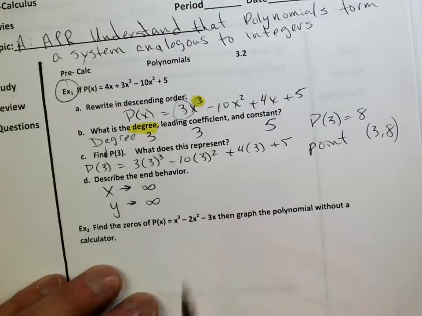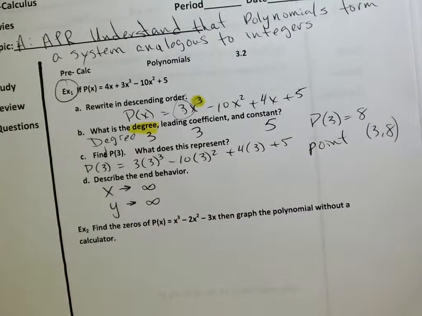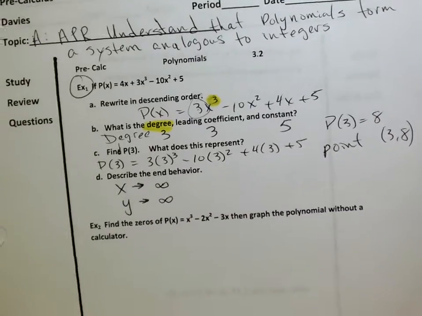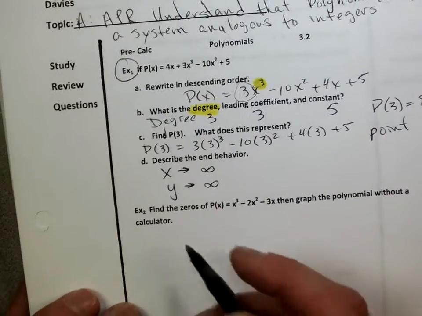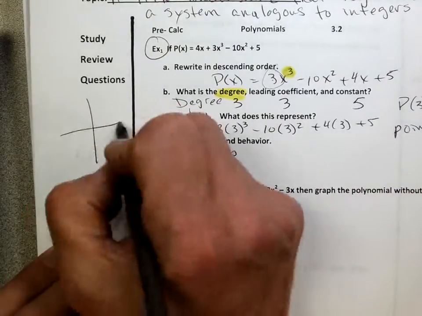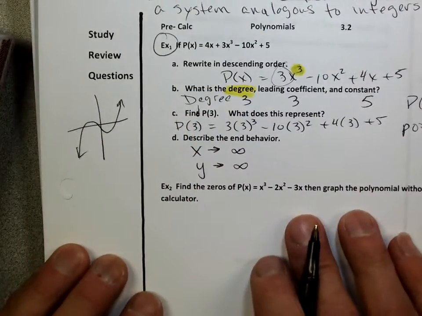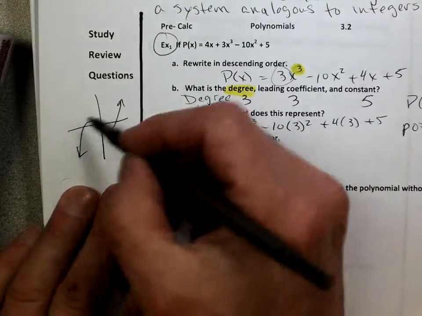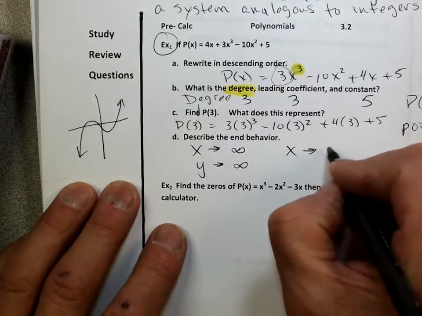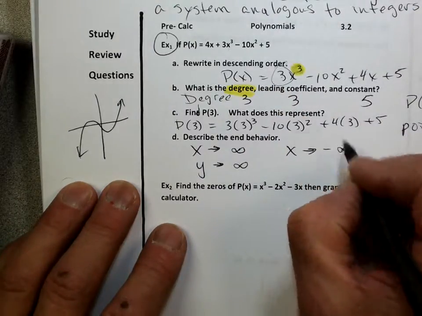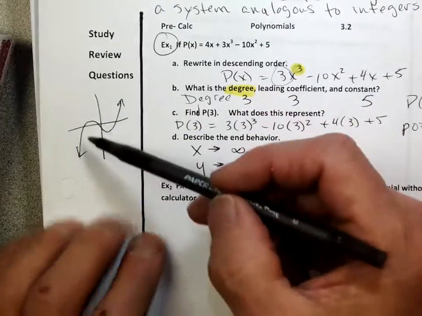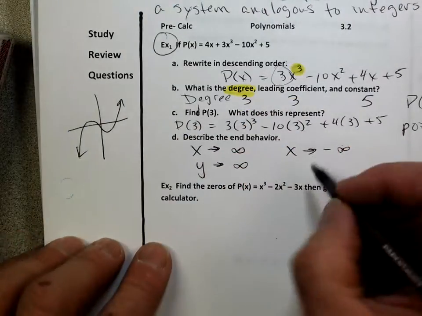Now here's the thing about an x cubed: we've seen x cubes before. They look something like this. So as x goes to negative infinity, y goes to negative infinity.